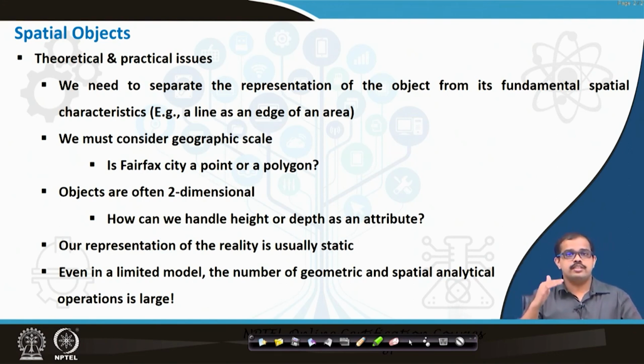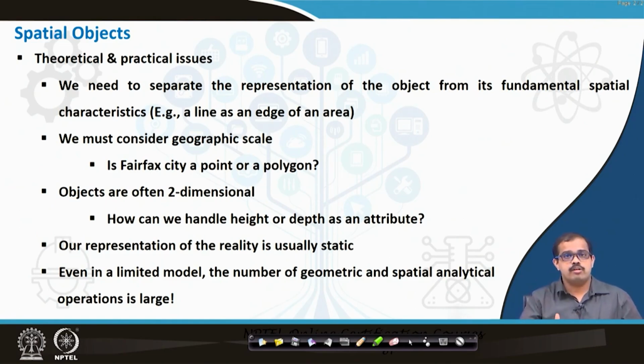Our representation of reality is usually static; the real world is static. When you are looking at a GIS model, it cannot be dynamic. Nowadays, because of the evolvement of web GIS in a larger form, it is becoming more dynamic, but in today's context it is still static.